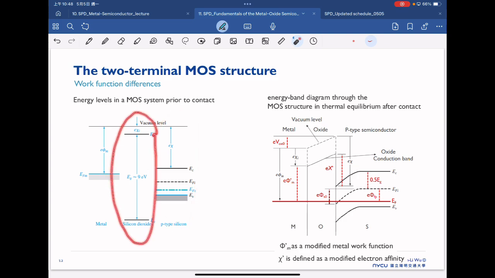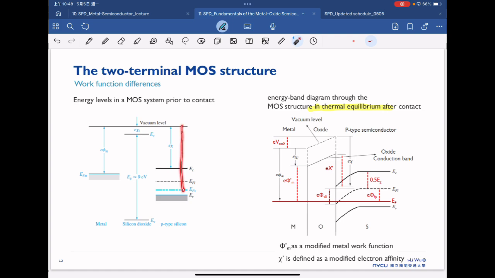So now you can see once we put them together, in thermal equilibrium after the contact, there will be certain band bending in the dielectric as well. And this is because phi m and phi s here are not the same.